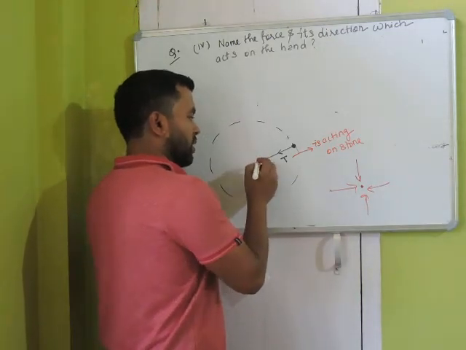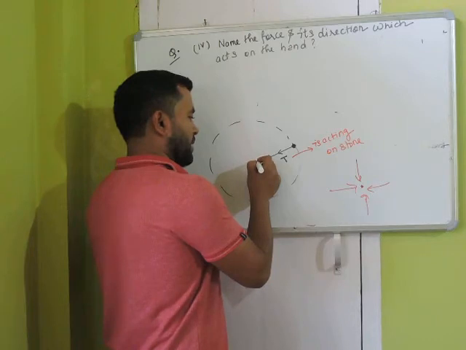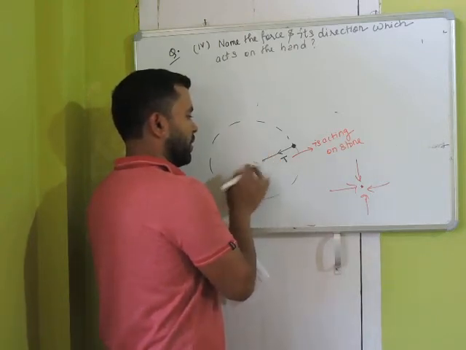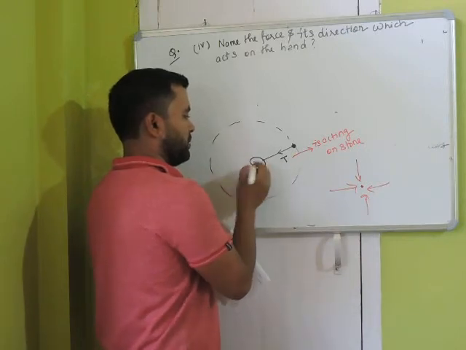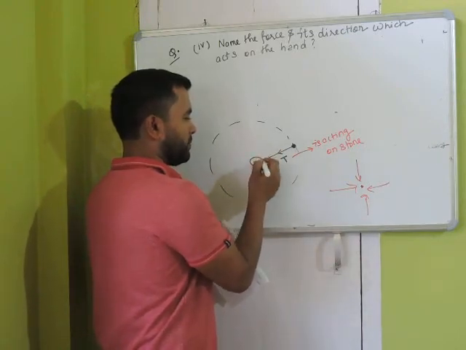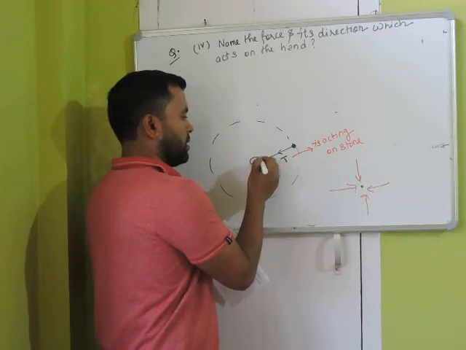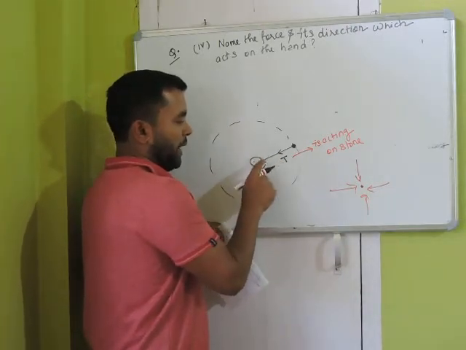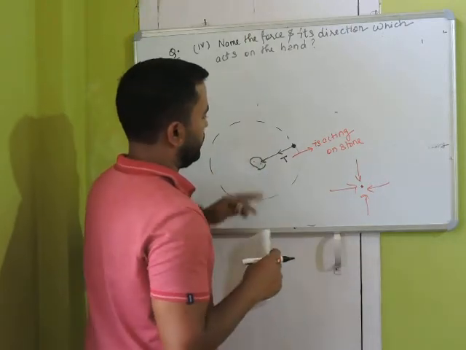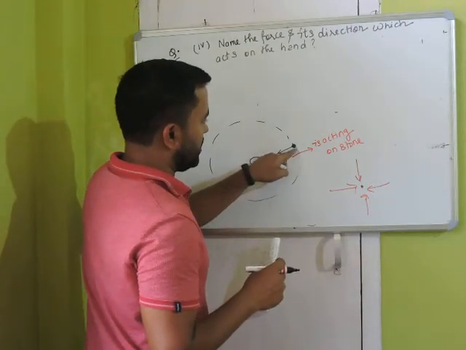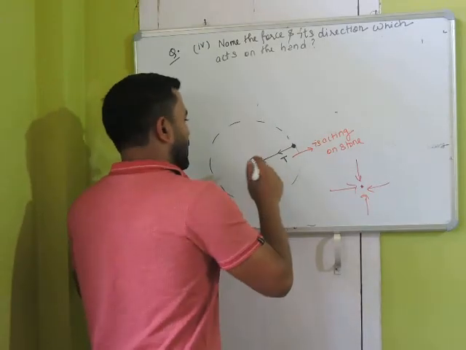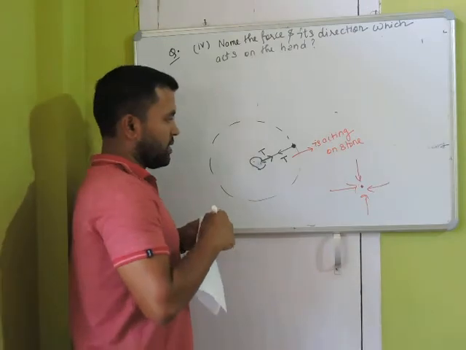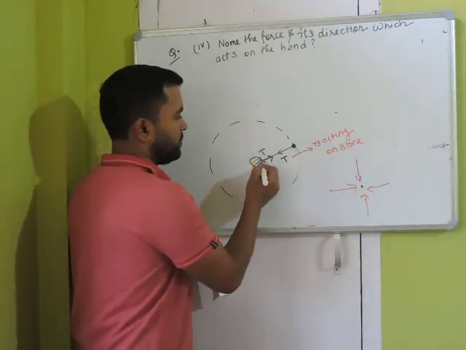According to Newton's third law, suppose this is your hand, I am just drawing. This is the grip of your hand. If this tension is acting on your hand, the tension must be in this direction.